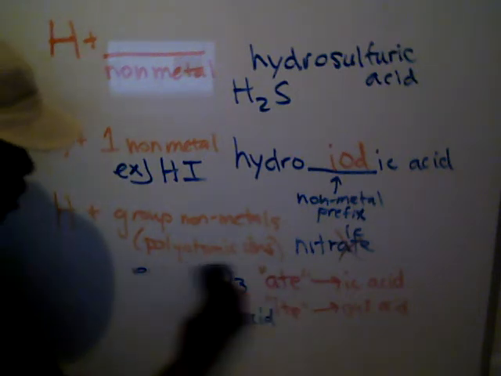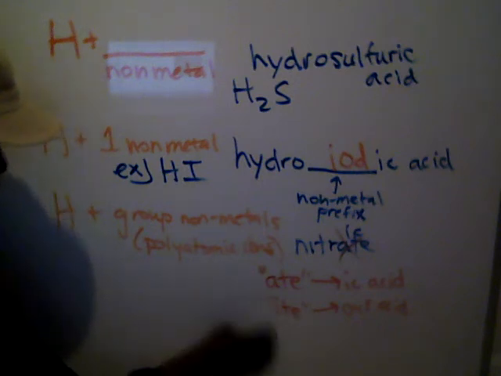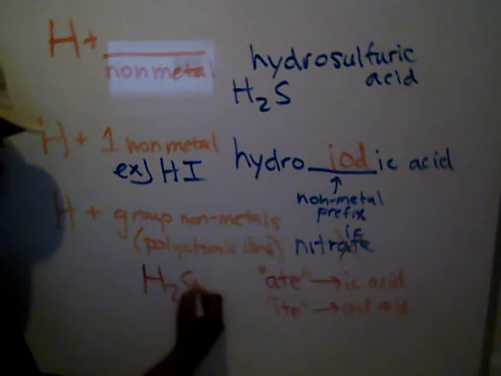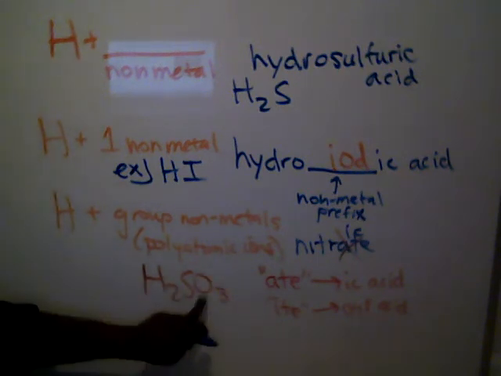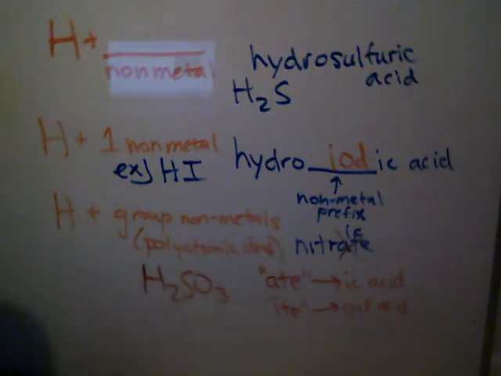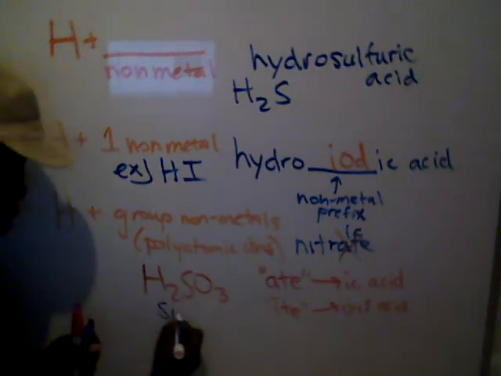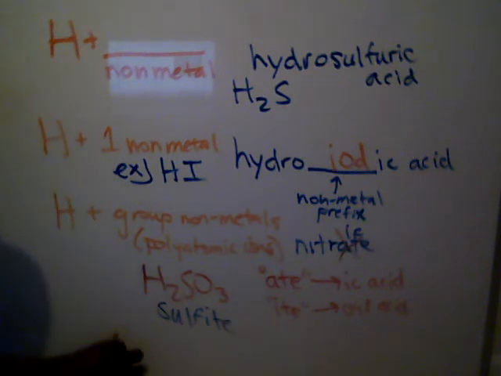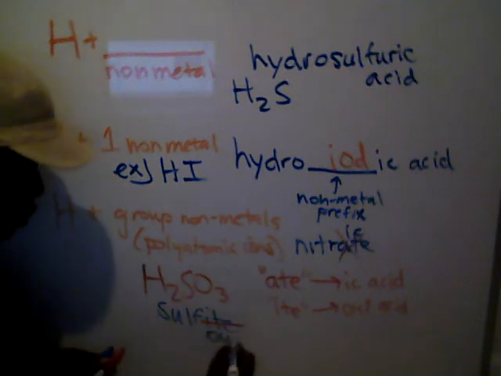Let's say, as another example, we had H2SO3. Again, we have to know this group name. That group is called sulfite. So this is sulfite, ITE. We're going to take off the ITE, so we're going to cross that part off, and we're going to put OUS.